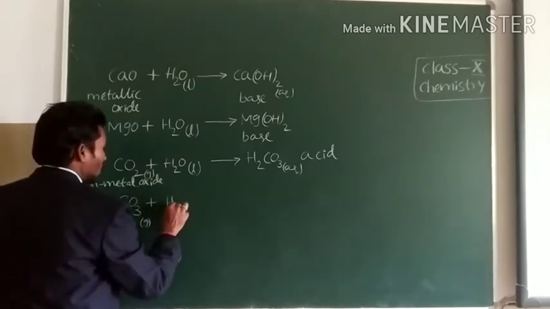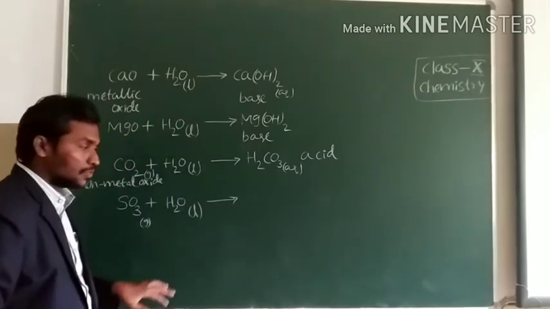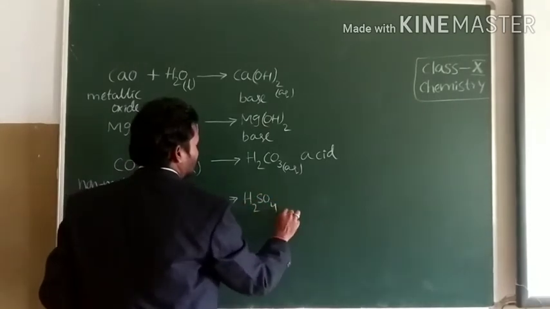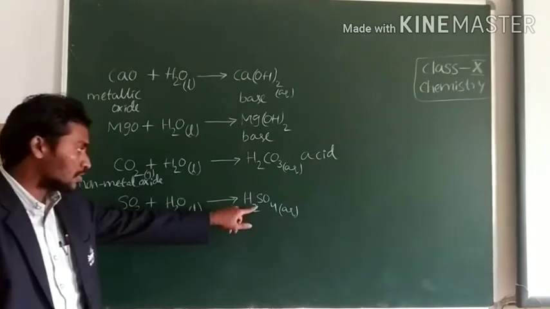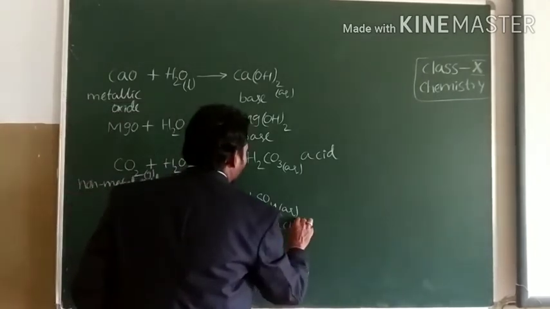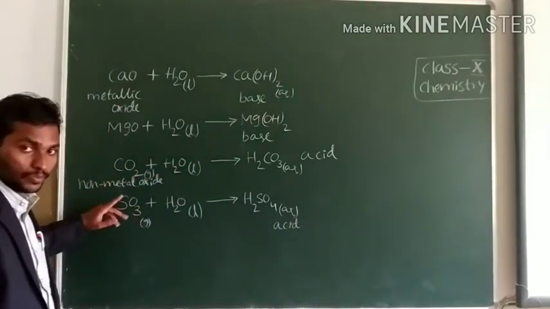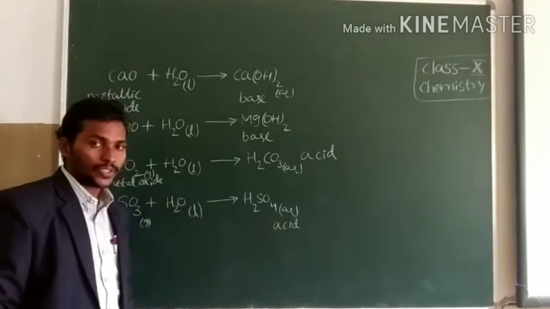When sulfur trioxide gas is sent to liquid water, it forms sulfuric acid, H2SO4. Here H2SO4 is sulfuric acid. It's an acid. And sulfur trioxide is a non-metal oxide. So when sulfur trioxide dissolves in water, it forms sulfuric acid.